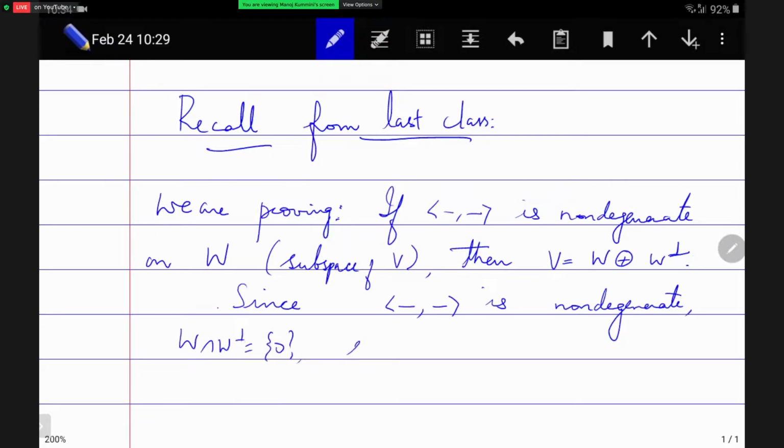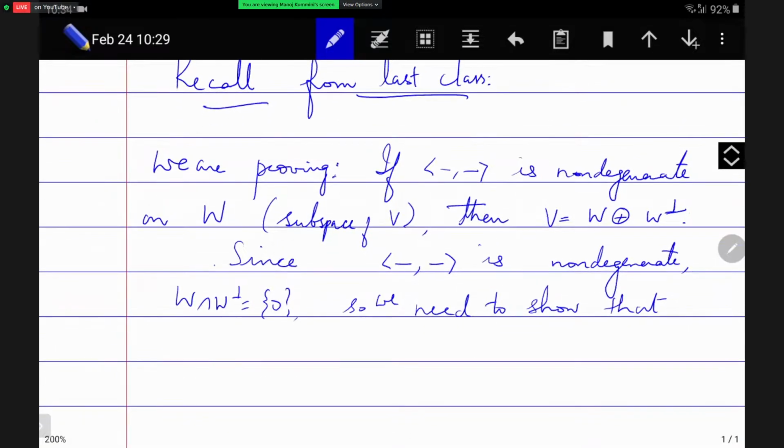So we need to show that V is W plus W perp, that every element of V can be written as something in W plus something in W perp. And by the earlier remark, the expression would be unique.